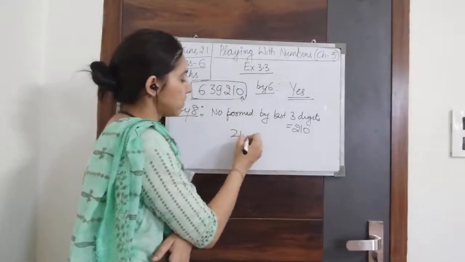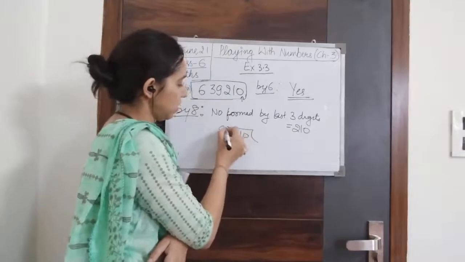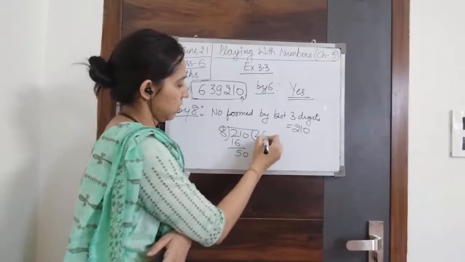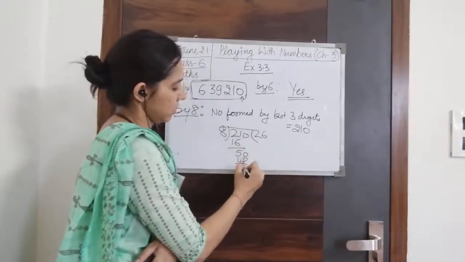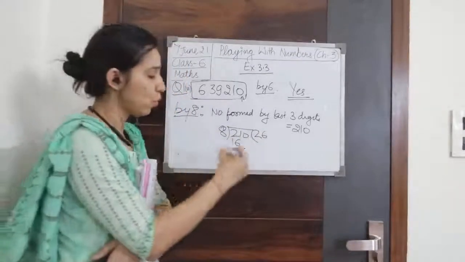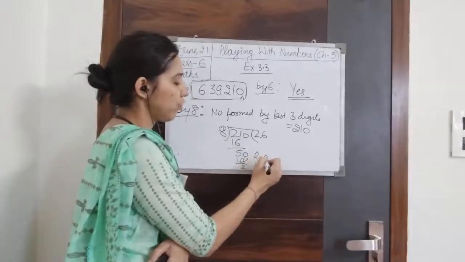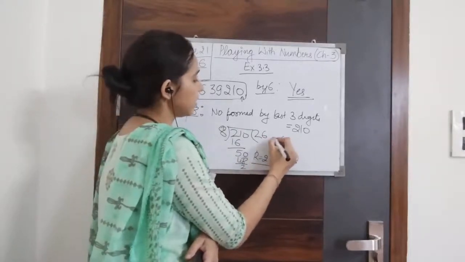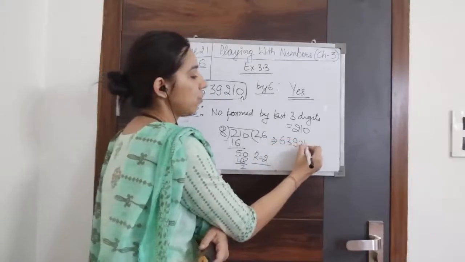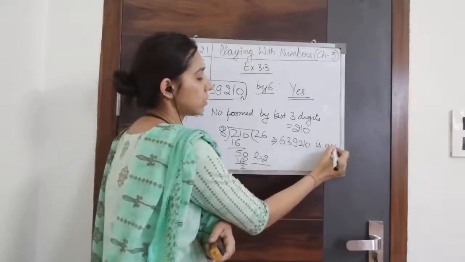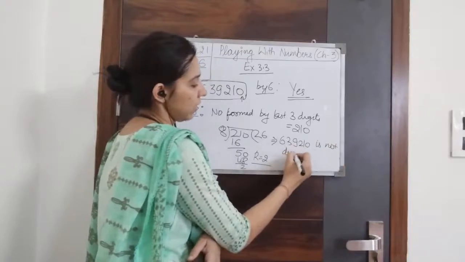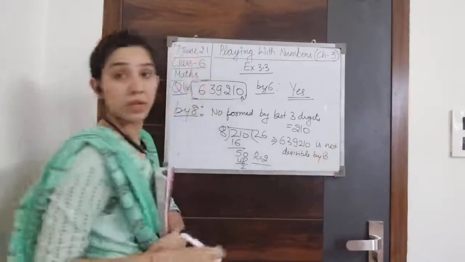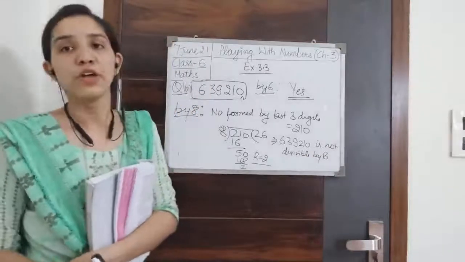Okay? 210. Is this divisible by 8? No. Why? Because the remainder is 2, which is not 0. It means that 639210 is not divisible by 8. Okay?